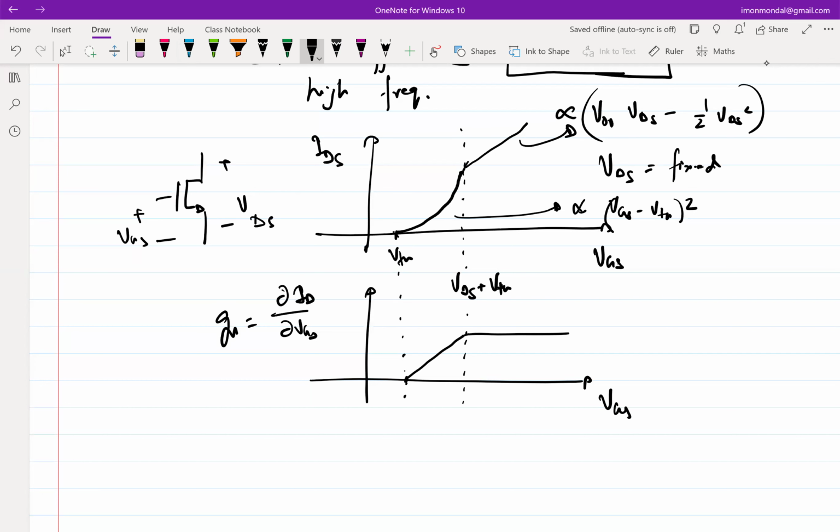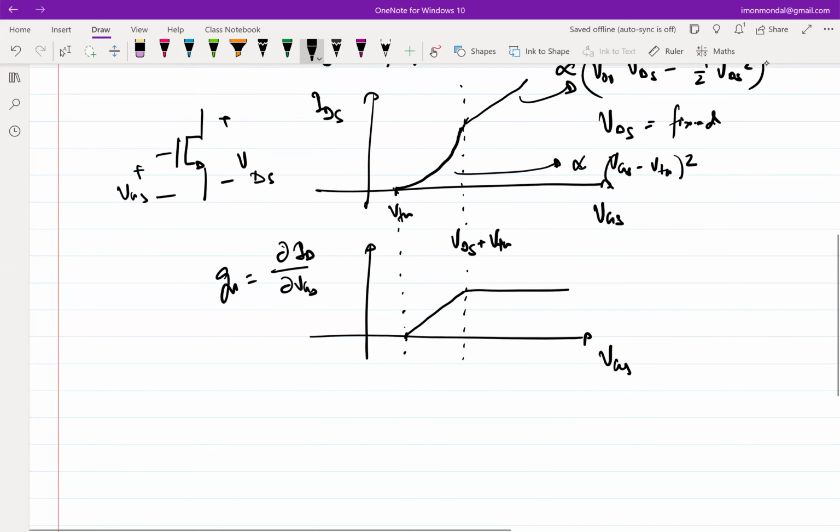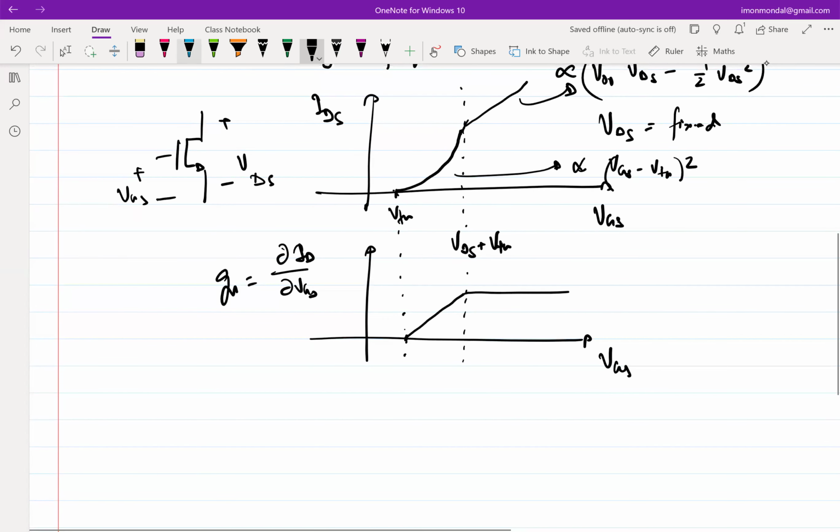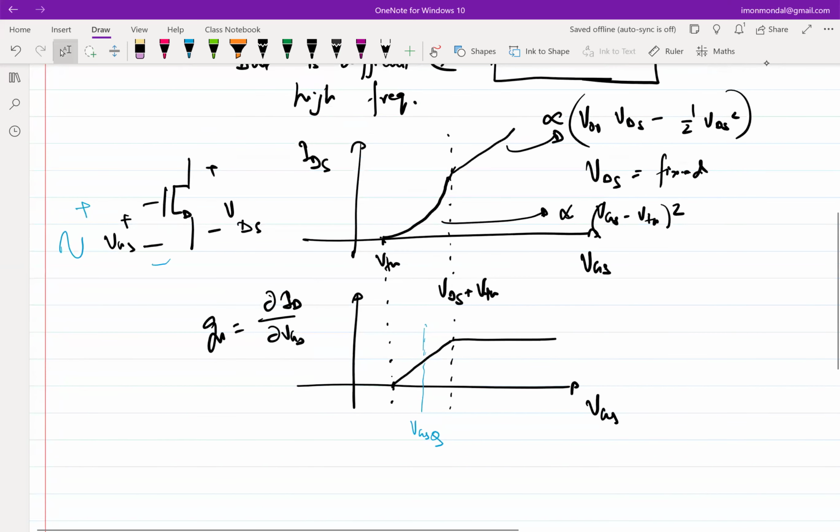Now, you should be able to readily understand graphically why this is an issue. Because let's say I bias my transistor somewhere over here, and we apply a sinusoid to the VGS, which essentially means that the sinusoid is something like this.